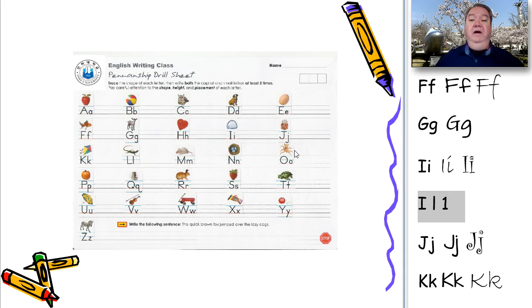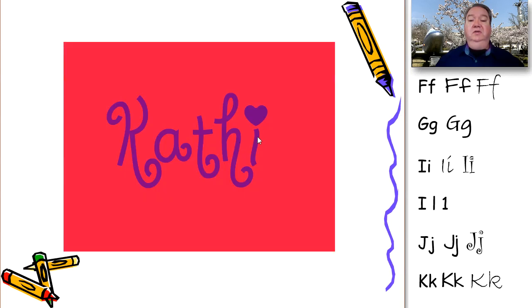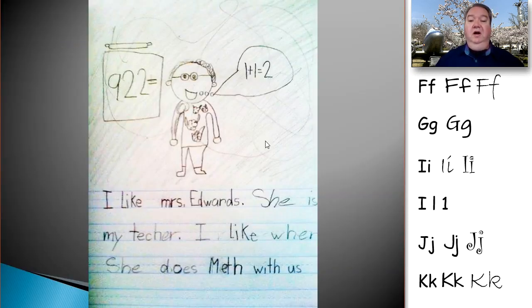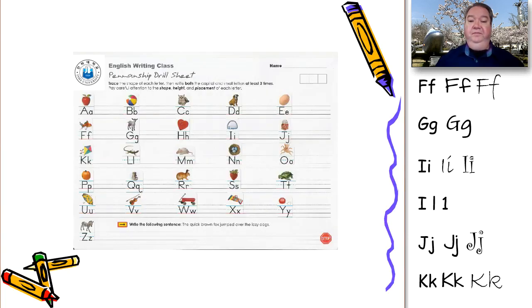Okay, now, as I mentioned last time, on the lowercase i, you don't want to do like Kathy here and put a little heart above it. I normally don't see people do that actually, but it's a cute little picture. But what I do see is a lot of people will make the i with sort of an accent mark here, almost like an apostrophe instead of a dot.